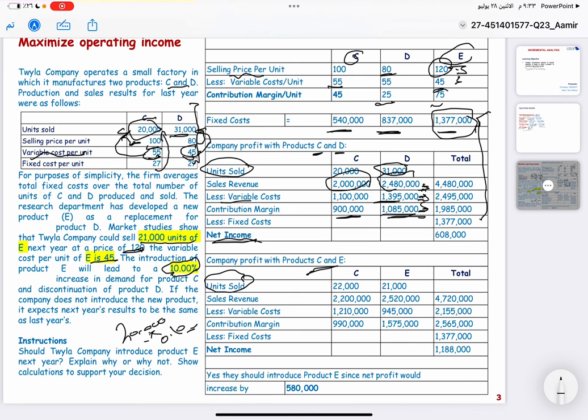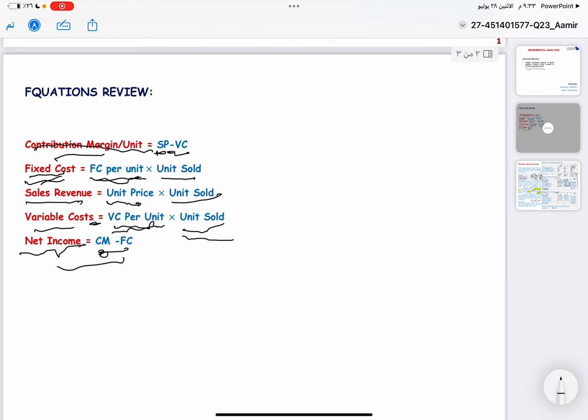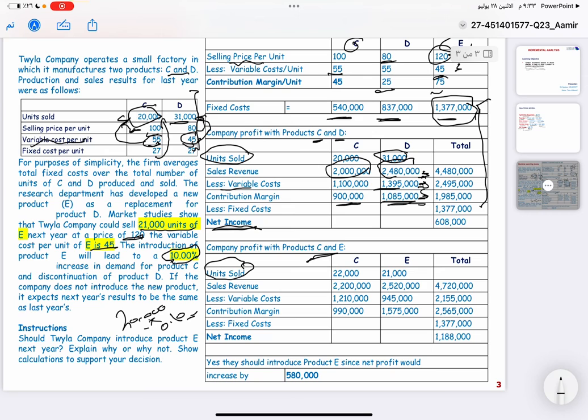Okay. Sales revenue, as we did before, we multiply the unit price times units sold. Okay, we will get 2,200,000. For E, the same thing.